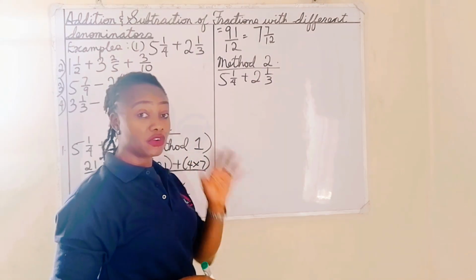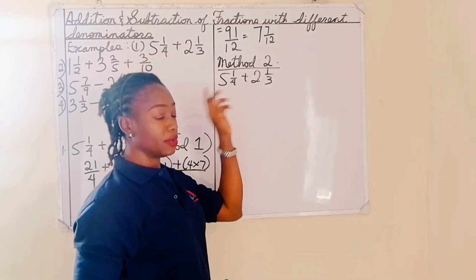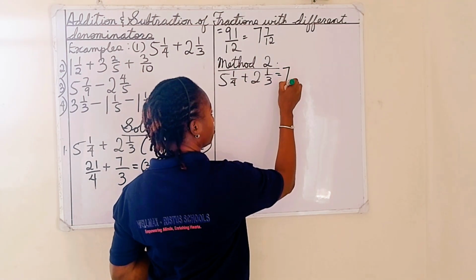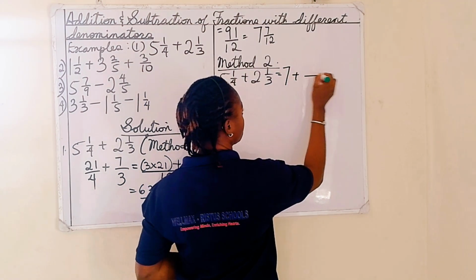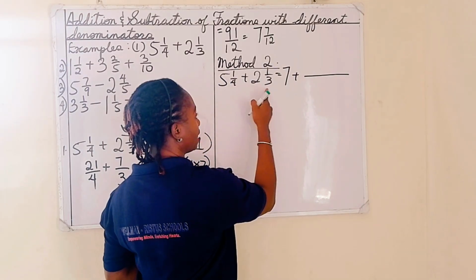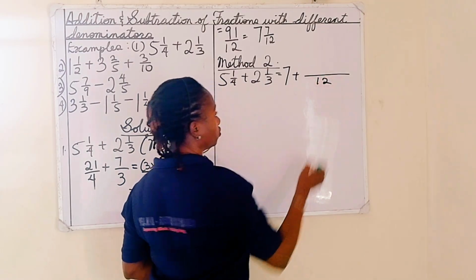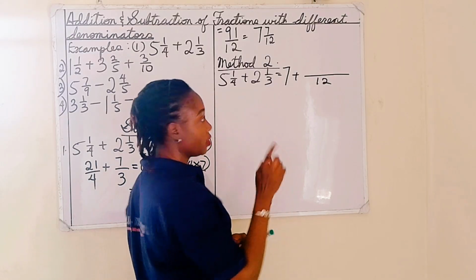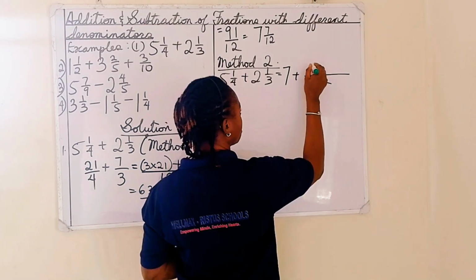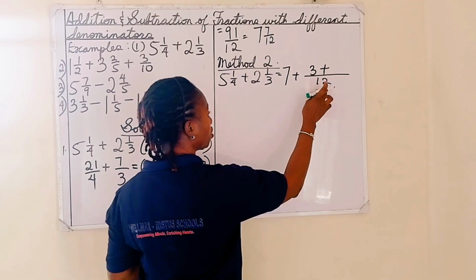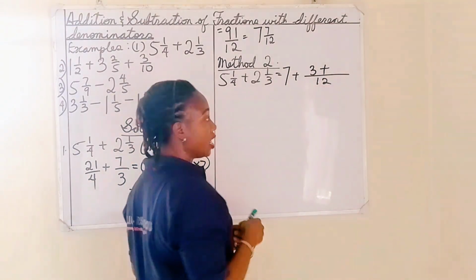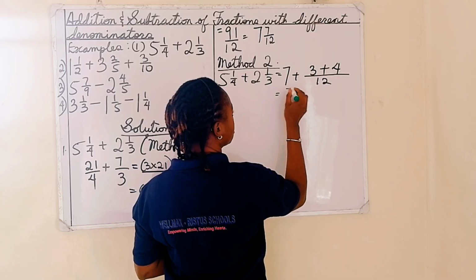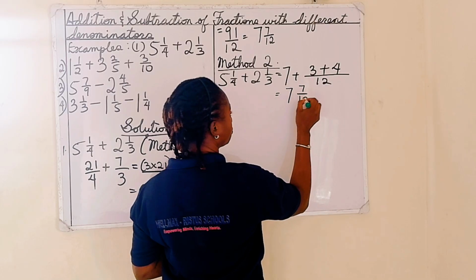Now this second method, we're first of all going to add the whole numbers together. 5 plus 2 equals 7. Plus 4 times 3 equals 12. 12 divided by 4 will give us 3. And 3 times 1 equals 3. Plus 12 divided by 3 equals 4. And 4 times 1 equals 4. So the answer is 7 wholes 7 over 12.